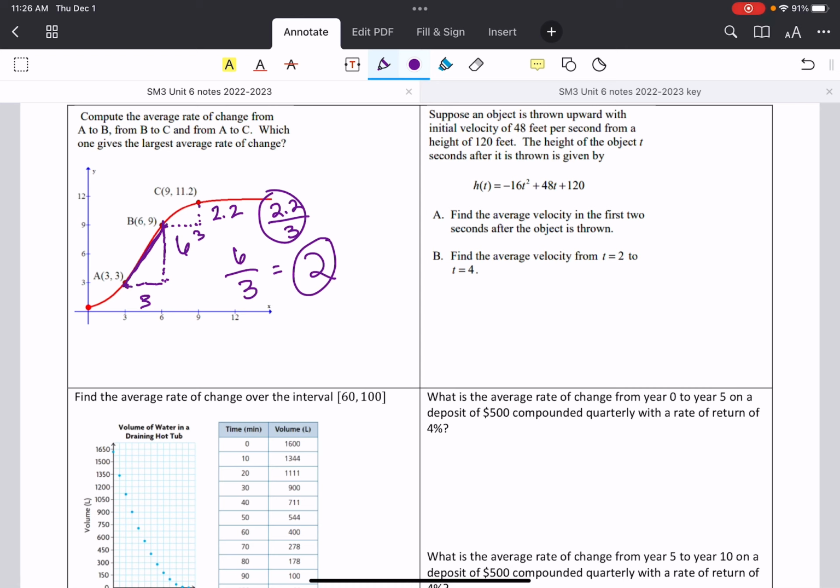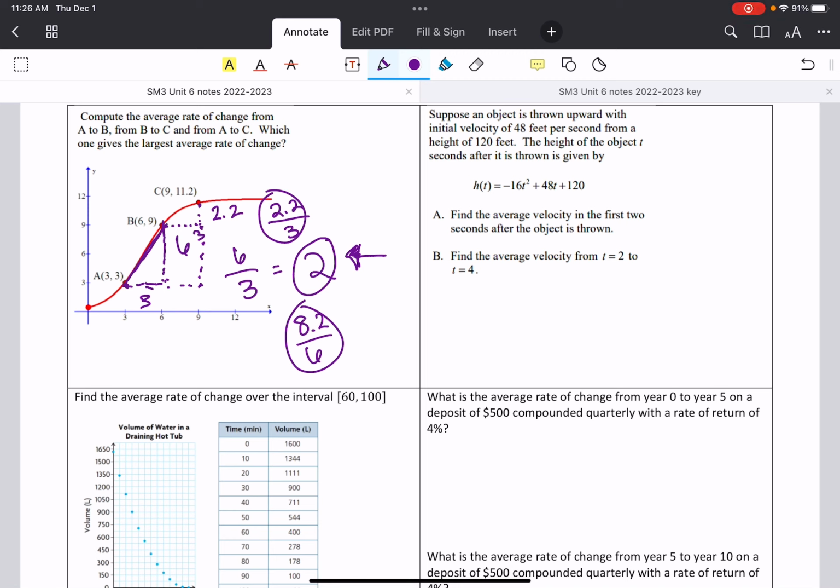And then A to C, that total, from 3 to 11.2, how much does that go up? 8.2. And over how many? 6. Which one of these is the biggest? A to B. I agree. 2 is bigger than 8.2 divided by 6, and it is bigger than 2.2 divided by 3.